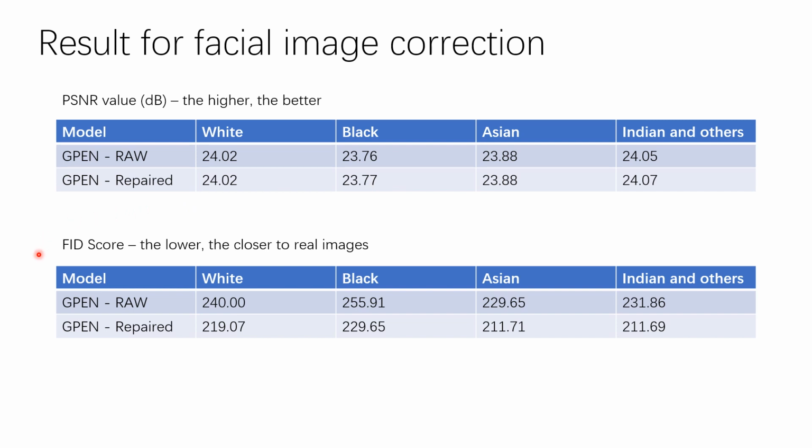But the second chart displays the FID score. The lower the FID score is, the closer the generated images are to the real images. You can see that there's a very obvious drop in FID score, which means that after repairment, these pictures are more like the ground truth than their original version.